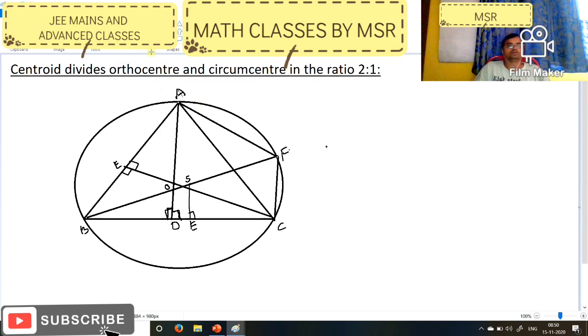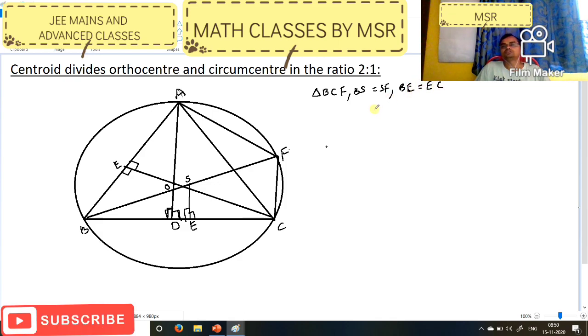Now listen properly. If you see triangle BCF, S is the midpoint of BF, so BS is equal to SF, and E is the midpoint of BC because it is a perpendicular bisector, which bisects the side as well as being perpendicular to it. So BE is equal to EC.